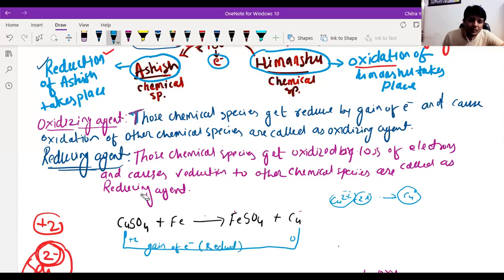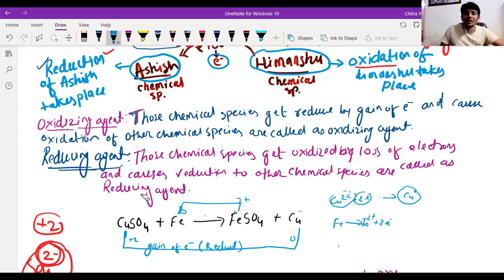Now we will compare the ferrous on the reactant and product side. On the reactant side, there is no charge on ferrous, means 0 charge, but on the product side we have 2 plus charge. So what is happening here? Ferrous is losing 2 electrons to form Fe2 plus ion.